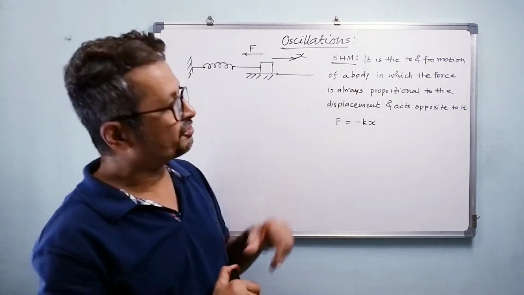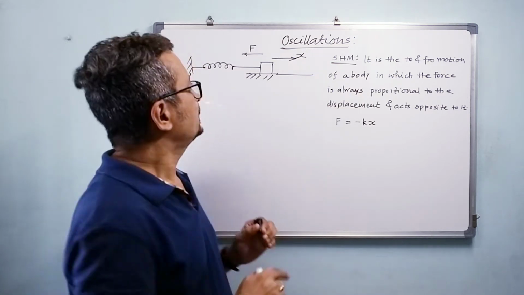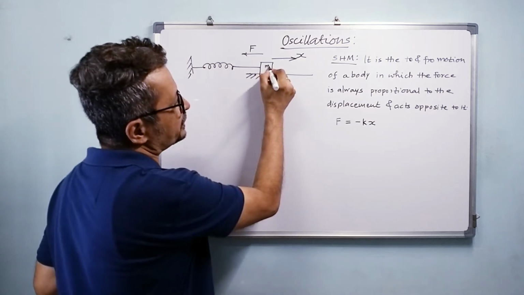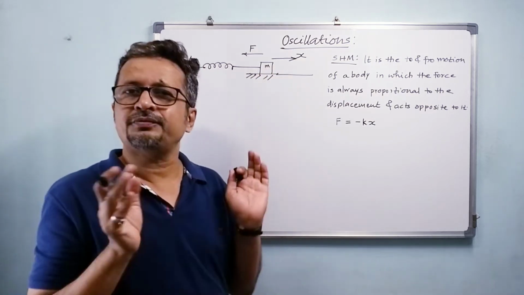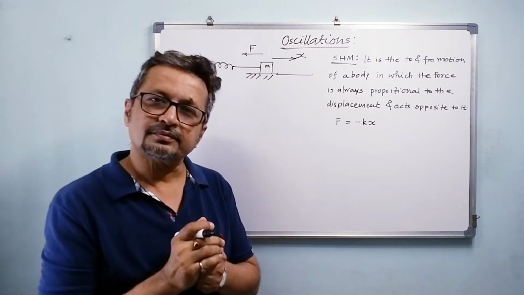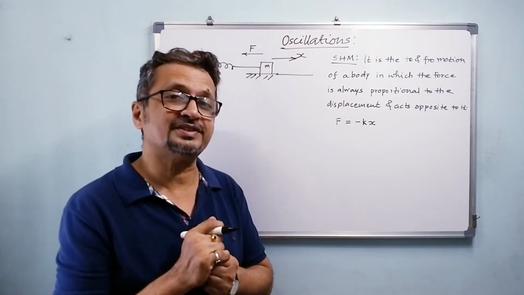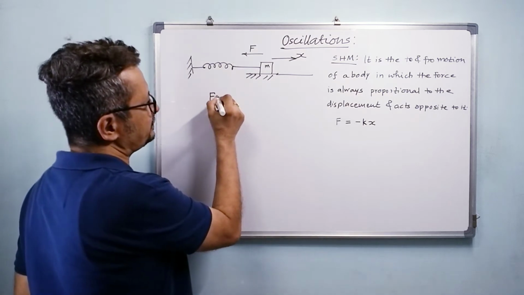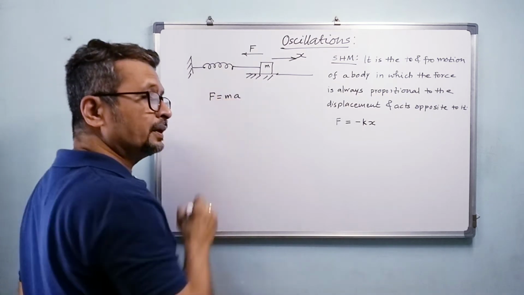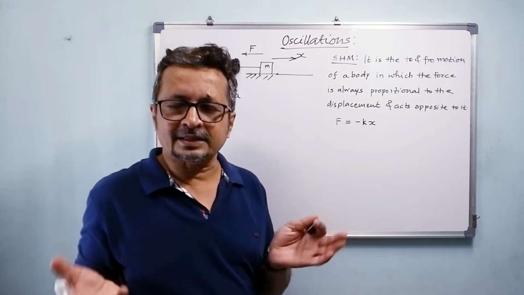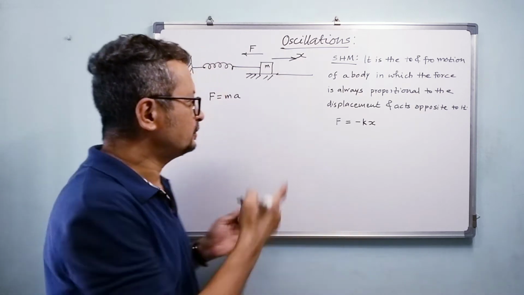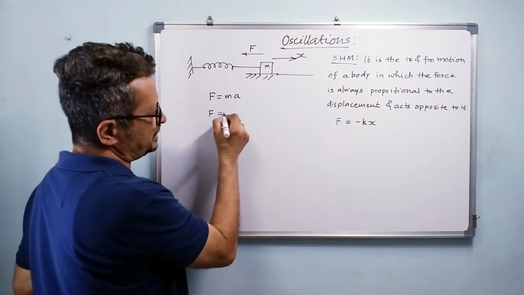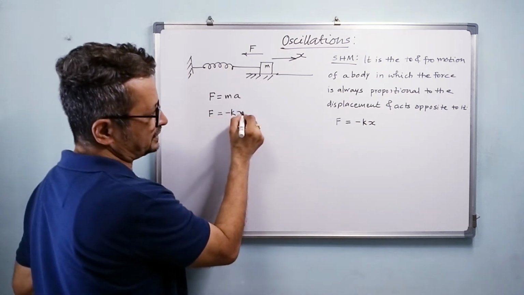So we'll take this thread and move further. The mass of this block is m, and the force acting is F. Now what does Newton's second law tell us? It tells us F is equal to m into a, force is equal to mass into acceleration. And this oscillation equation says F is equal to minus k into x.